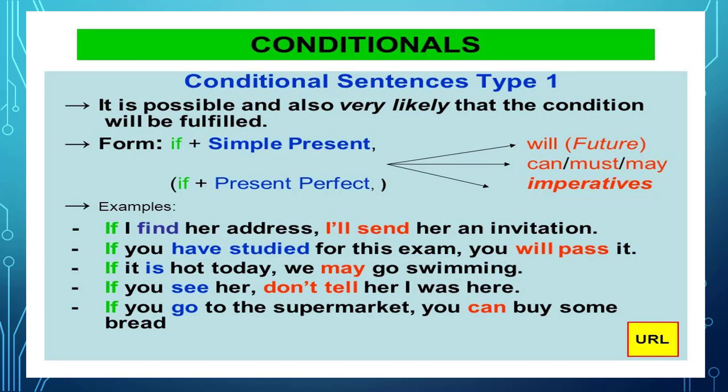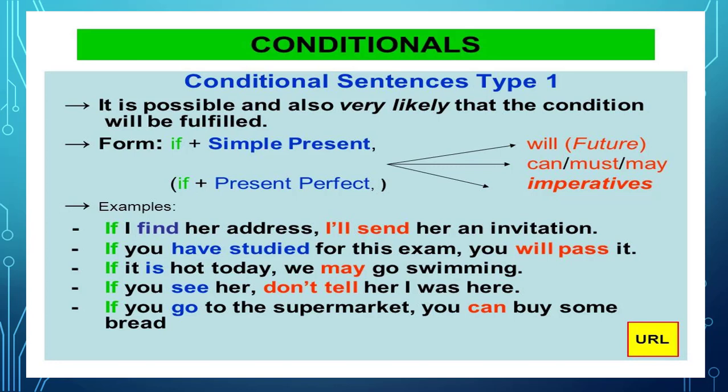So you use if, present simple, and on the other side you use will to refer to future. You also can use can, must, and may, and also you can use imperatives. Sometimes we use present perfect instead of present simple, okay?